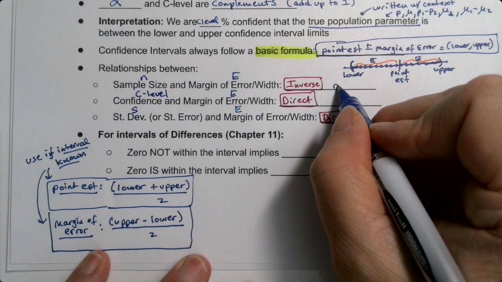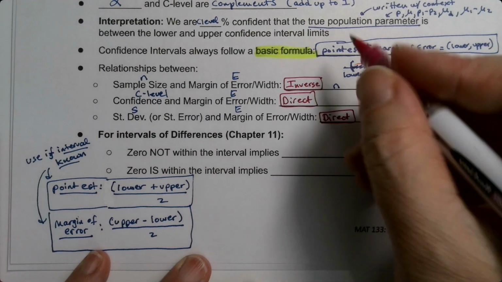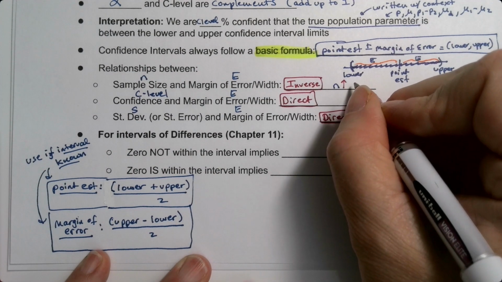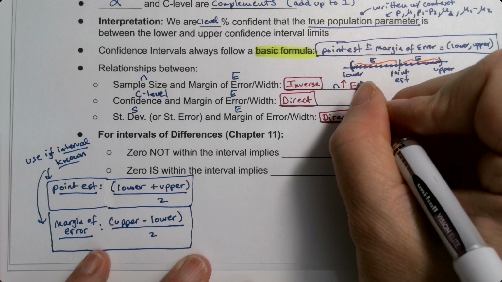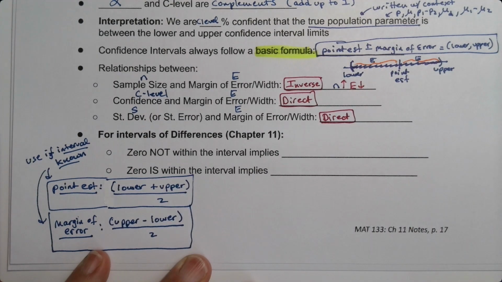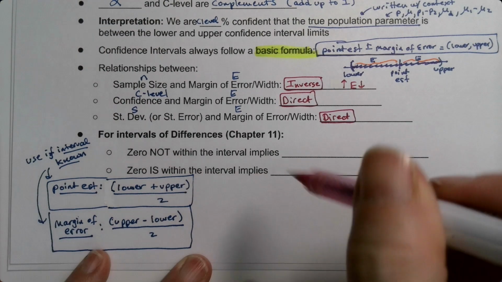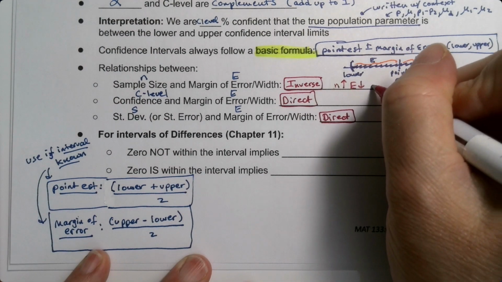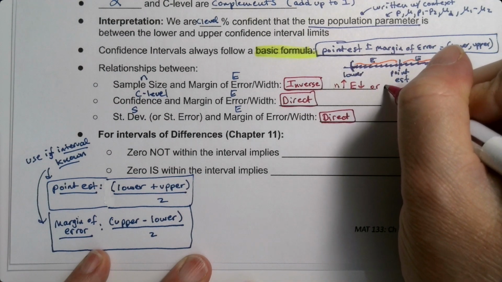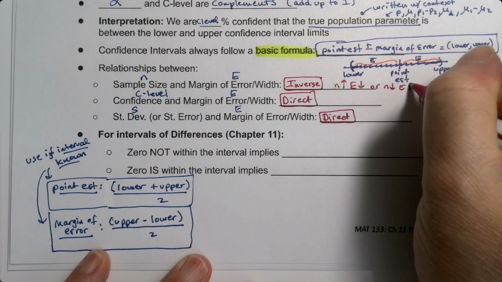So if n goes up, error goes down. That's an inverse relationship. I'm going to put my n in pink too, just to make it obvious. Or if n goes down, error goes up.